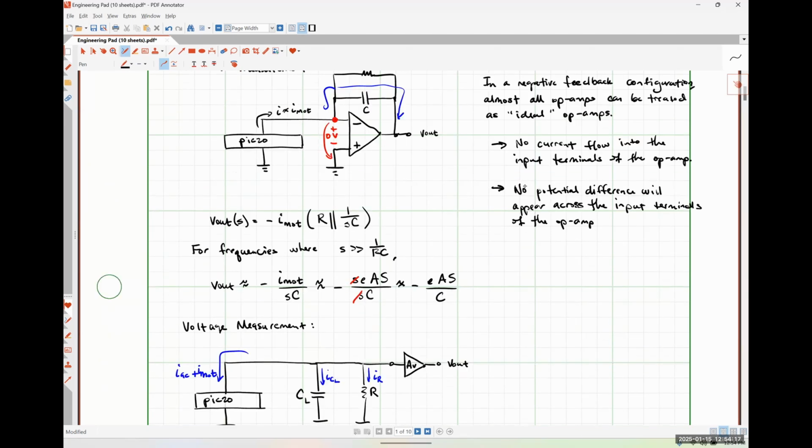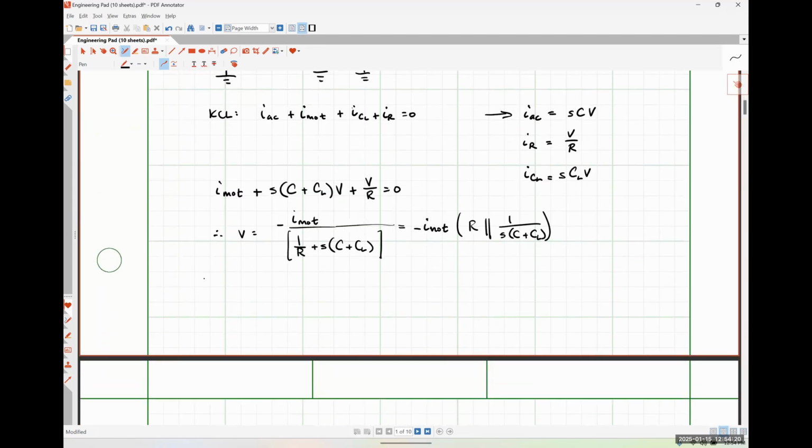So we can use a similar approximation, and we can say that when S is much greater than 1 over R times C plus CL, our input voltage to the amplifier is just negative I motional over SC plus CL, or negative EAS over C plus CL.